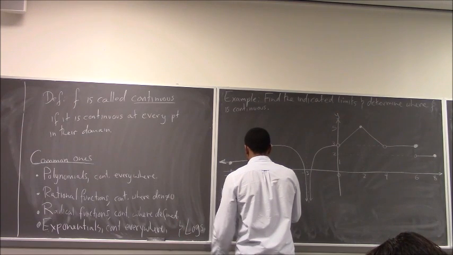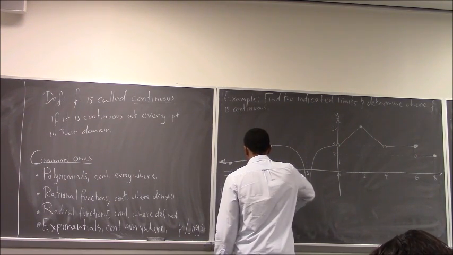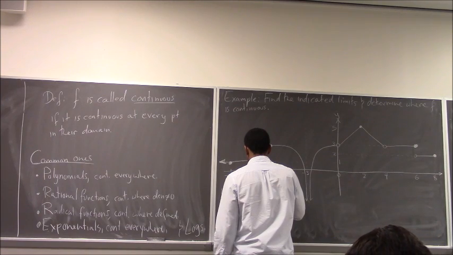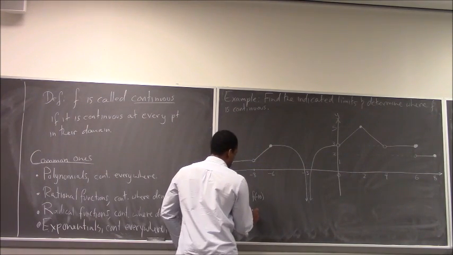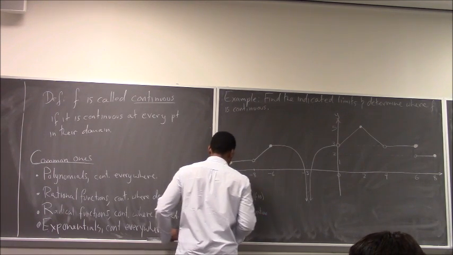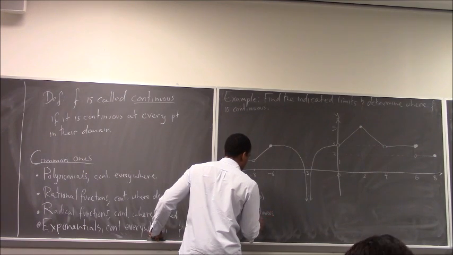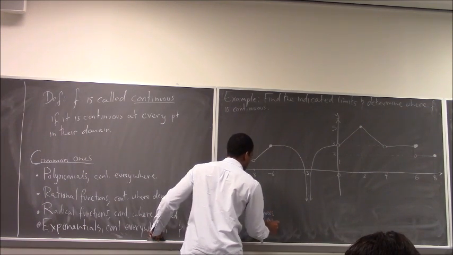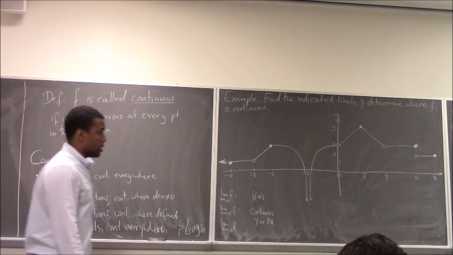Then you're going to talk about whether the function is defined at minus 10. And from that, you'll be able to conclude whether it's continuous or not continuous. So we're going to go through that process with all these numbers that you see here.